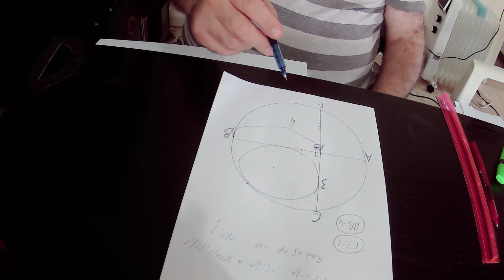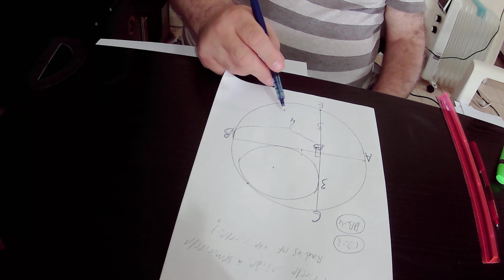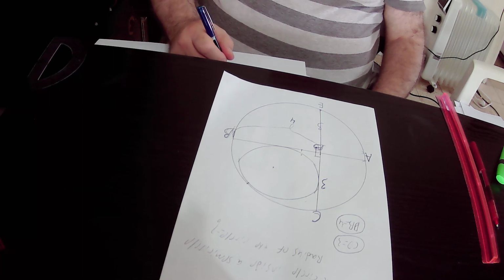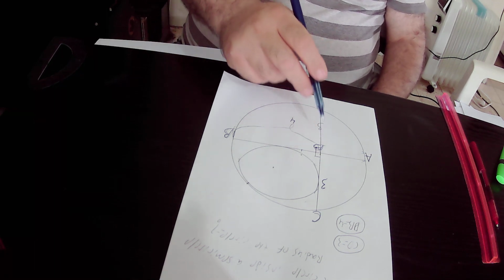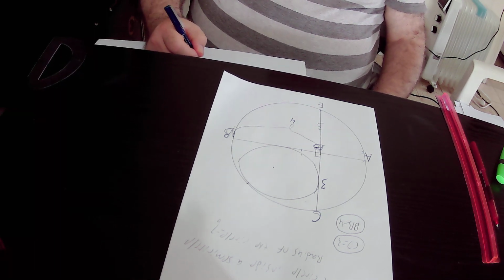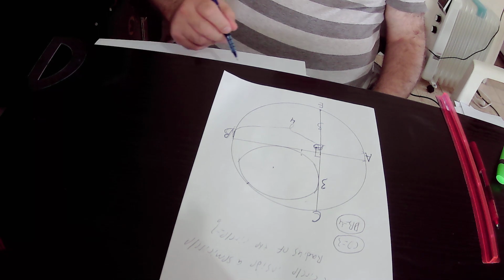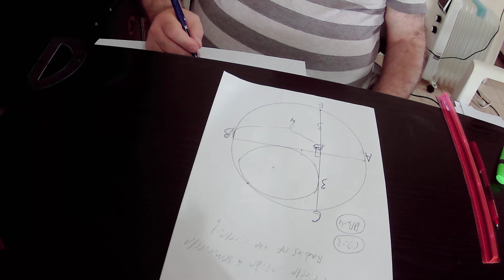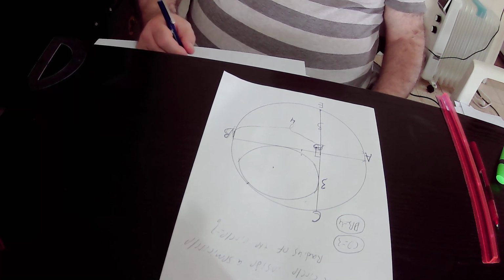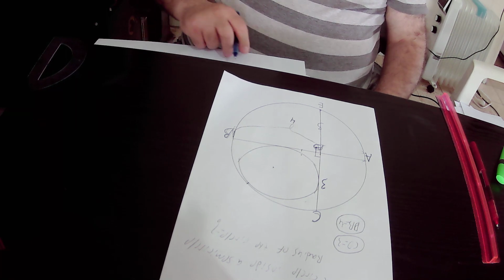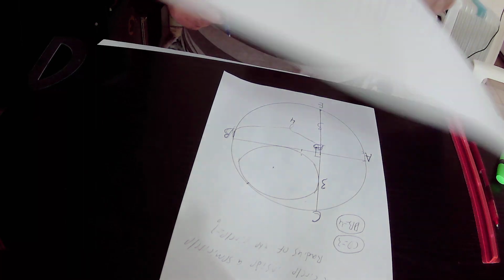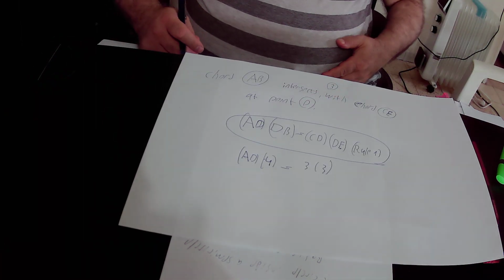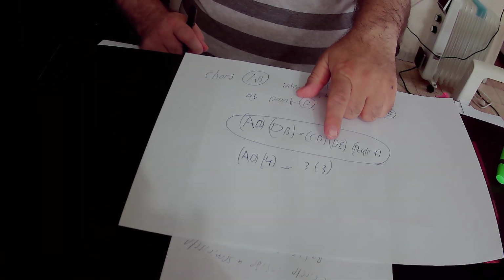DB equals 4 units according to what is given in the question, so we will substitute DB by 4, and it is equal to CD. CD equals 3 units according to what is given in the question. And we already found out that DE is 3 units, so it is CD times DE, and DE is 3 units. So in conclusion, according to equation number 1, AD times 4 equals 3 times 3.